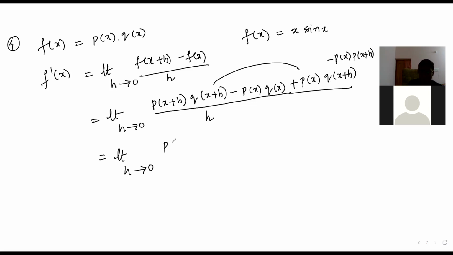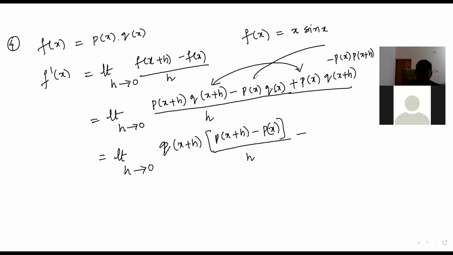q of x plus h is common. Then what we get is here p of x plus h minus p of x by h. Hope you understand. These two terms I have taken. Another two terms are there remaining.